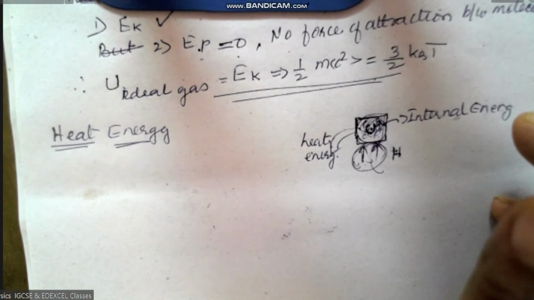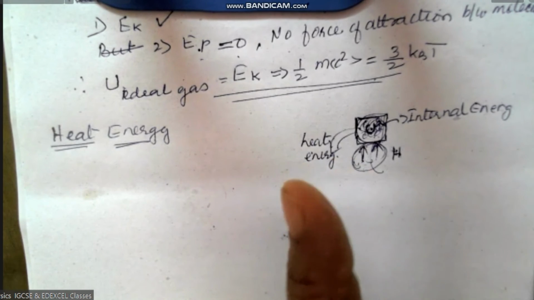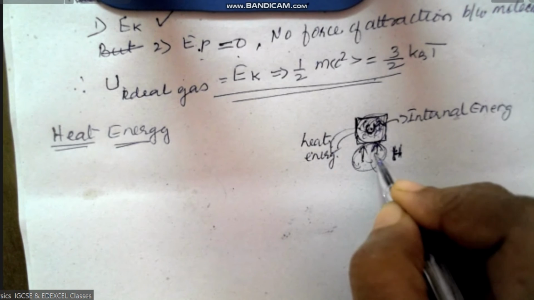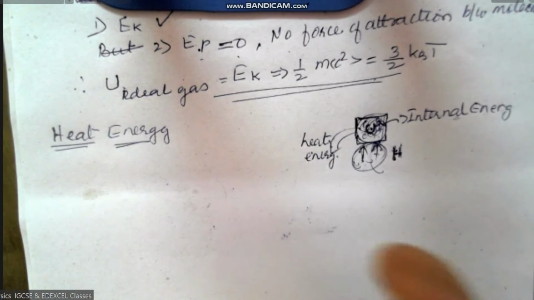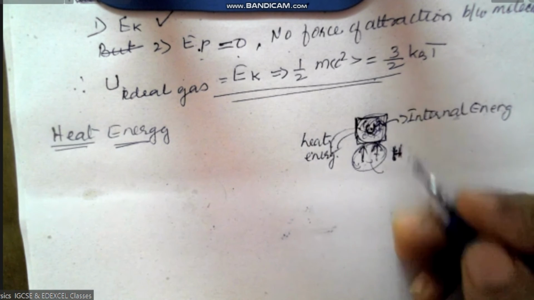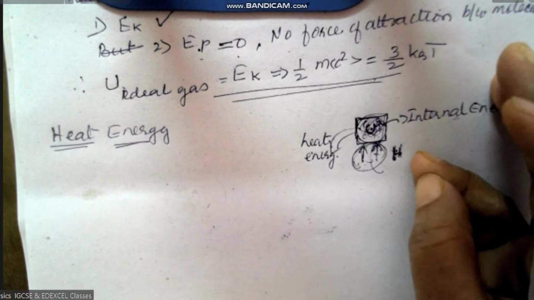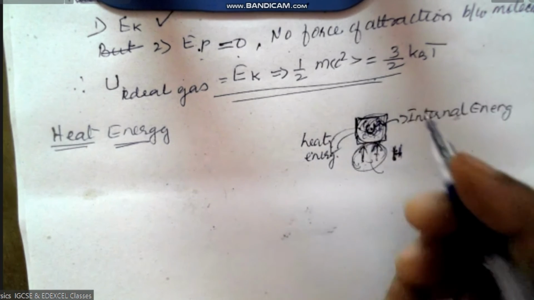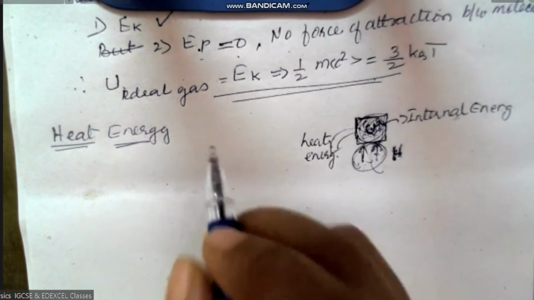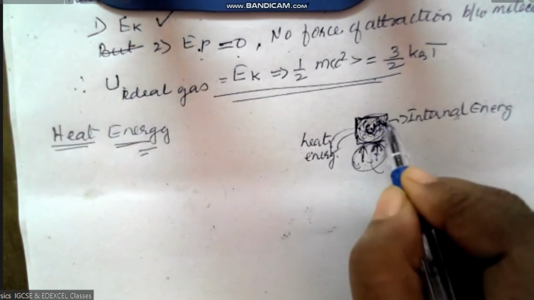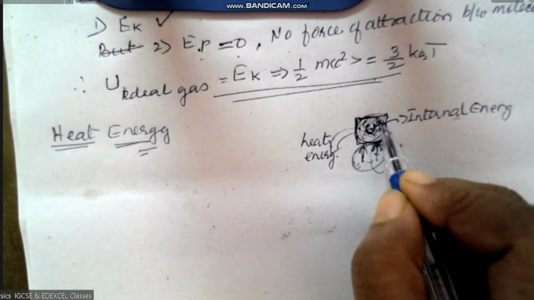If there is no energy loss, the heat energy which you supply is fully utilized to cause an increase in internal energy. This is the relationship. The heat which you give from outside, maybe by a fire, a heater, or light, is what the object receives, called its heat energy, and that is fully utilized for increasing the internal energy.